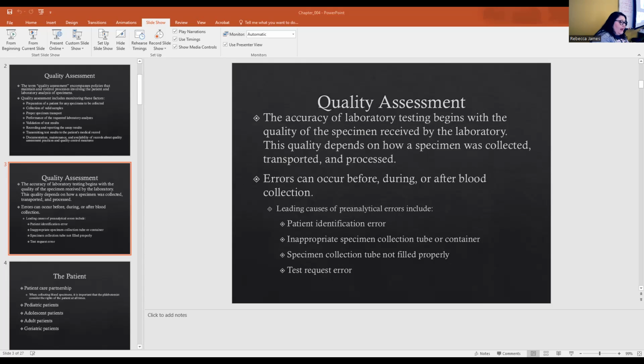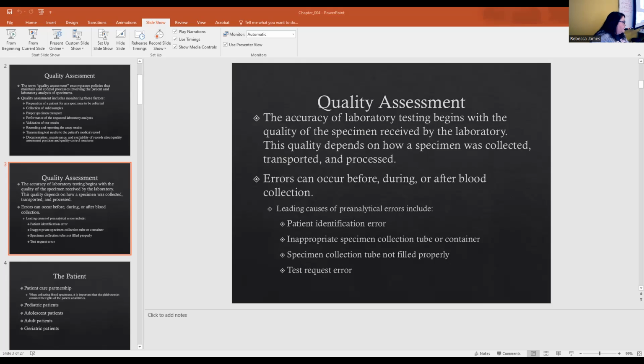And the reason why is because this has an anticoagulant in it. With that being said, this tube is used for coagulation studies, meaning you're going to run tests on this tube that checks your clotting of your blood. If you have too much anticoagulant, that can be falsely elevated.